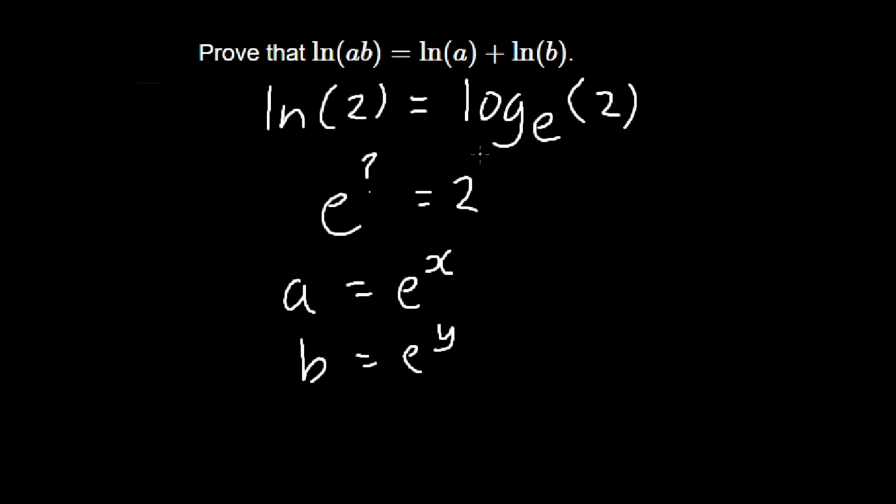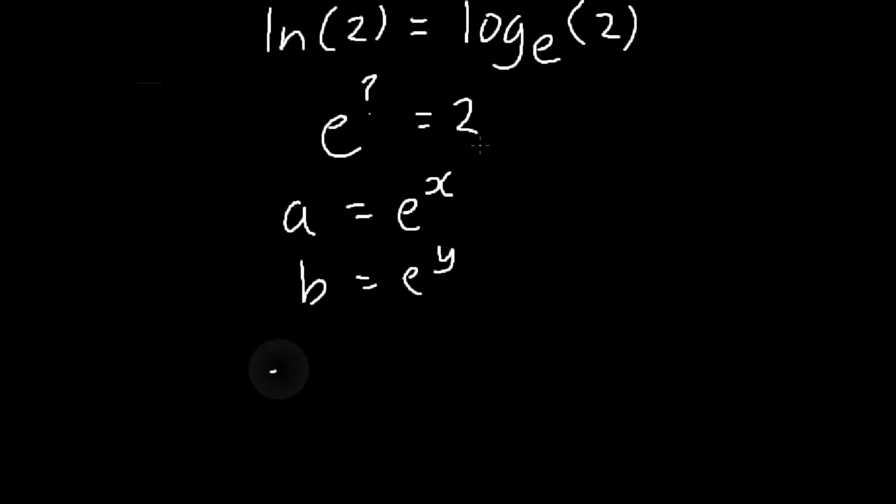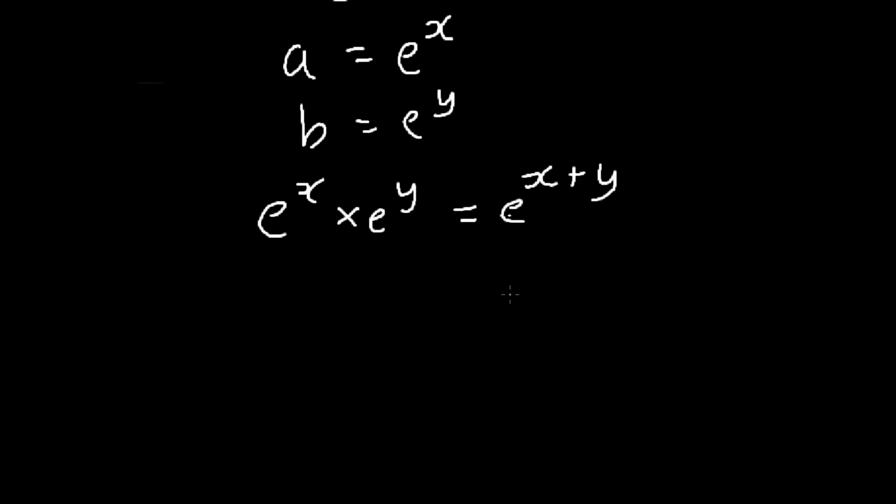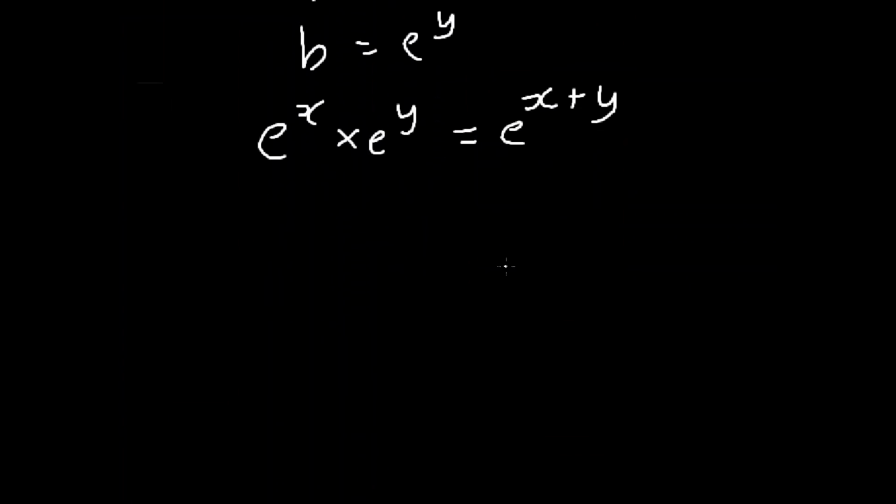So if we have e to the x times by e to the y, that is equal to e to the x plus y. That's the indices law: you can just add the powers if they've got the same base. Now that's our equation 1. Let's take the natural logarithm of both sides.